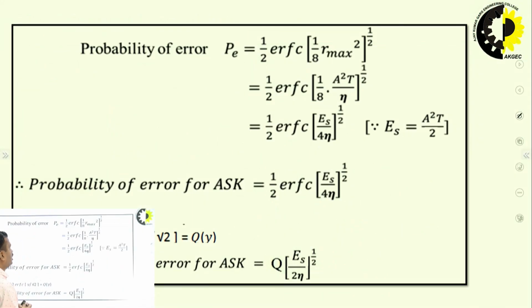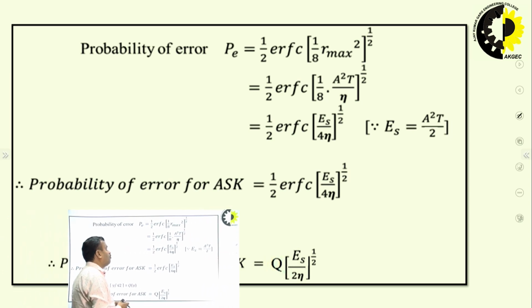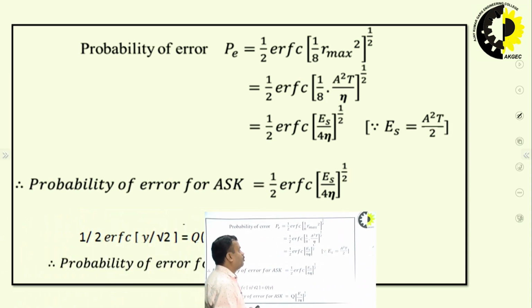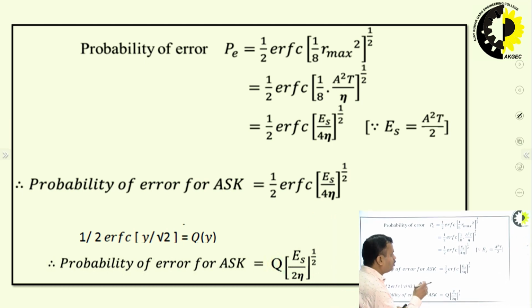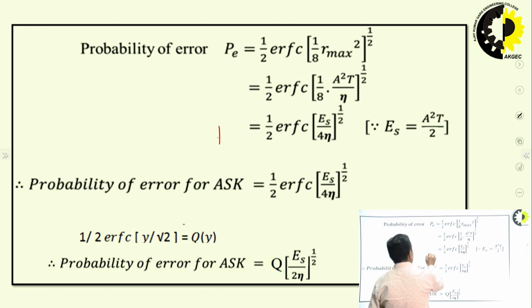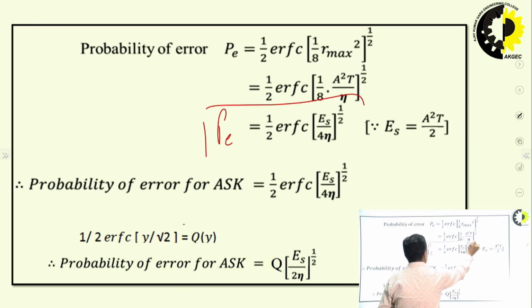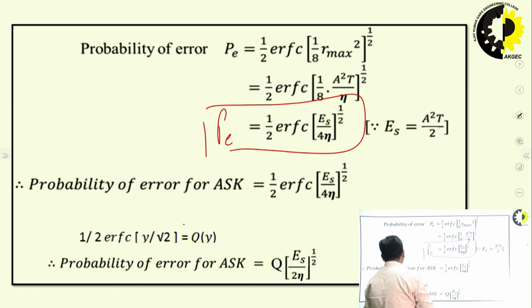Now the probability: if I know Pe is equal to 1/2 erfc of (1/8 R maximum squared) to the power of, that is, the square root of this term, I put in the value and get our probability of error. Similarly, we can calculate the probability in terms of the Q function and so on.